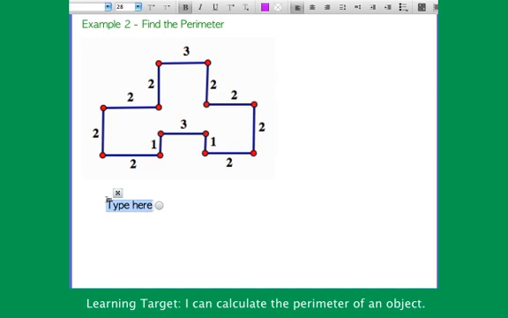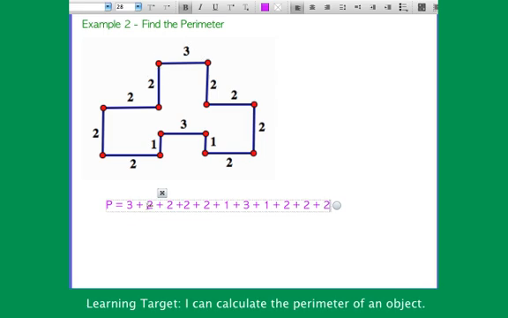So we're going to write P for perimeter equals 3 plus this one down here is 2 plus 2 for this one plus 2 for the one all the way on the right plus 2 here plus 1 plus 3 plus 1 plus 2 down here, and now I'm all the way on the left side. 2 here, and I need one more 2 for this one, and I already had this 3 at the beginning here.